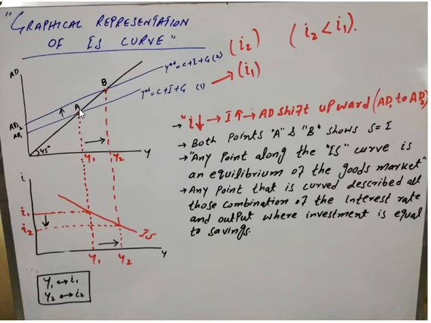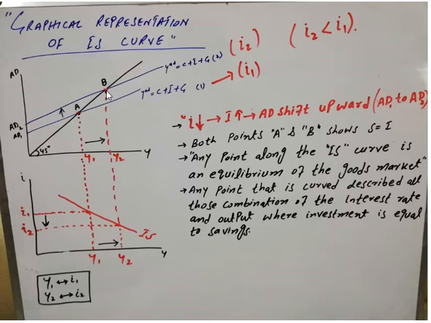This is point A and this is point B. When we draw these points below the curve, this will give us the IS curve. So when we take this point down, this is y1, and we write y1 here.